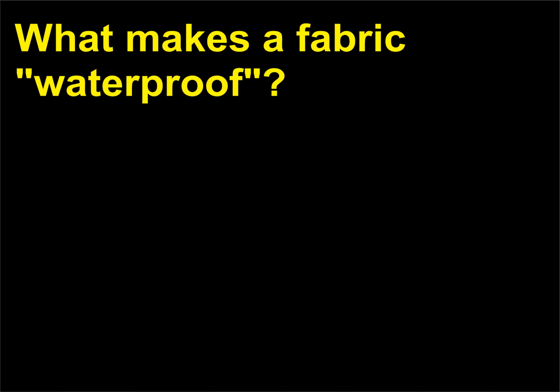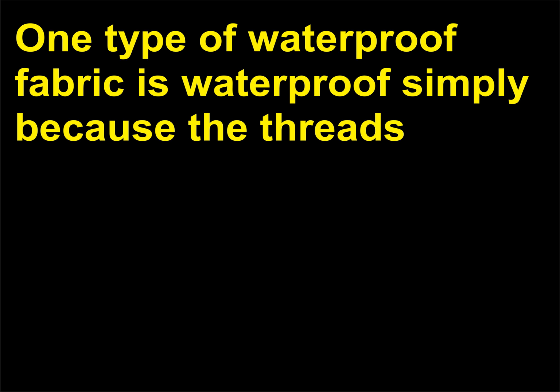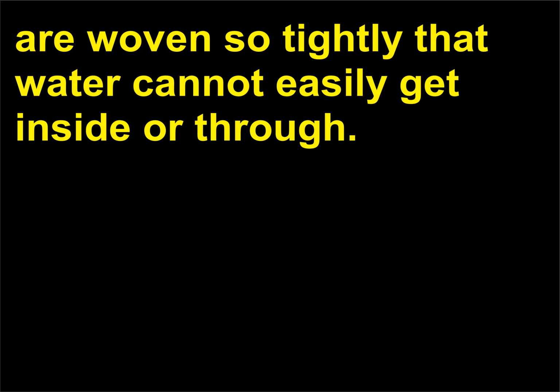What makes a fabric waterproof? One type of waterproof fabric is waterproof simply because the threads are woven so tightly that water cannot easily get inside or through.